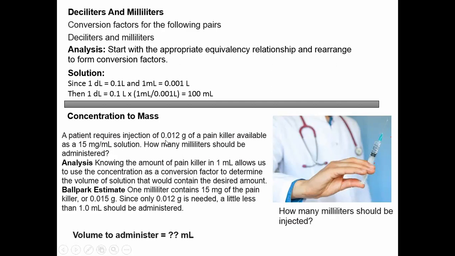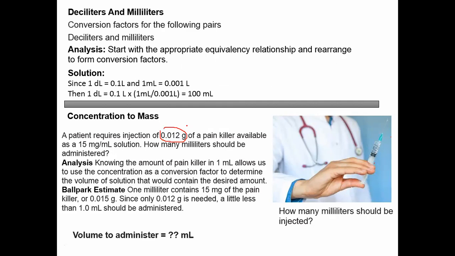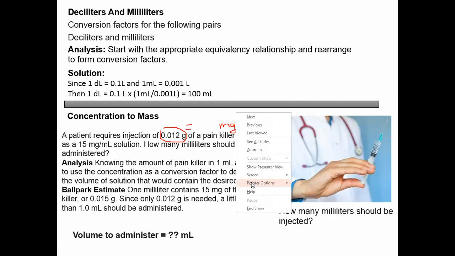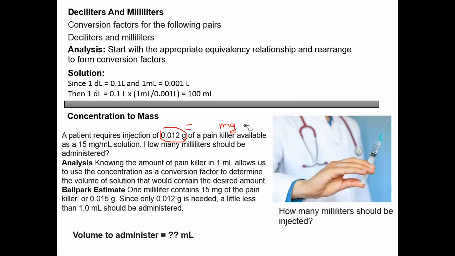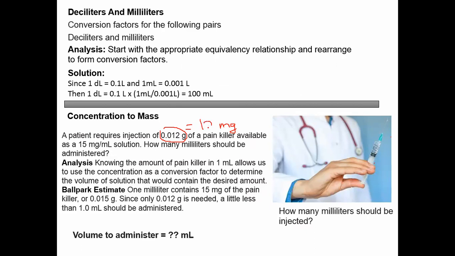For example, if you want to convert 0.012 grams to milligrams, how many milligrams would this be? 12 milligrams. So I should put 12 milligrams in here. It means that the patient needs 12 milligrams to be administered, right?